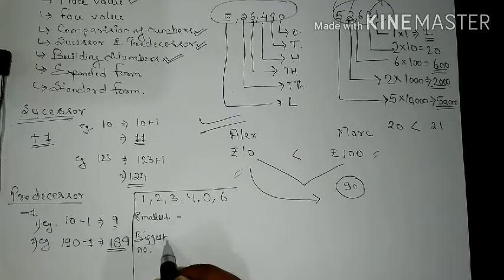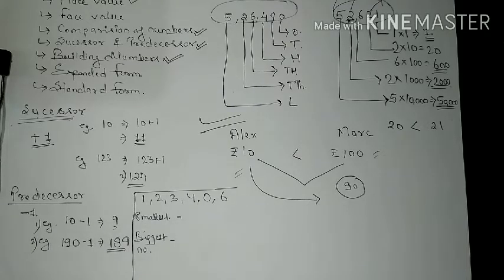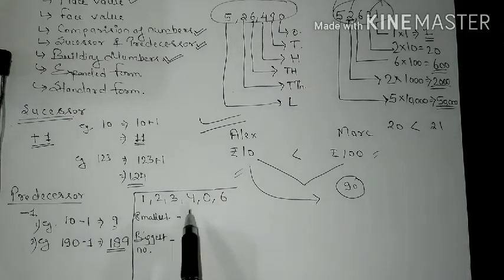So for making the smallest number, you have to find the smallest digit. Which is the smallest digit? 1, 2, 3, 4, 0. 0 will be the smallest digit, but remember, you cannot write 0 in the beginning. You will use 0 after the first digit.